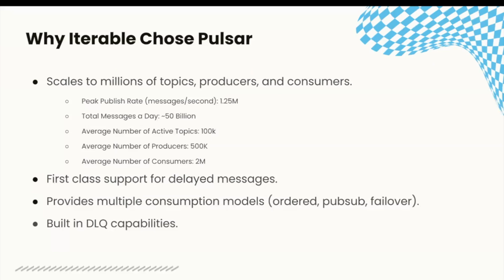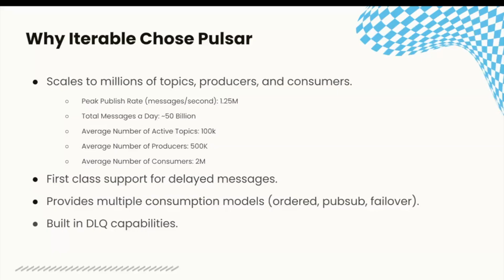On a normal day, we have about 100,000 active topics, about 500,000 producers for various use cases, and then around 2 million consumers. And again, our consumers are designed in such a way that they're subscribing to a single workload, a group of workloads, many workloads, but they're all a little bit different depending on the specific use case and how we want to enforce certain customer priorities.